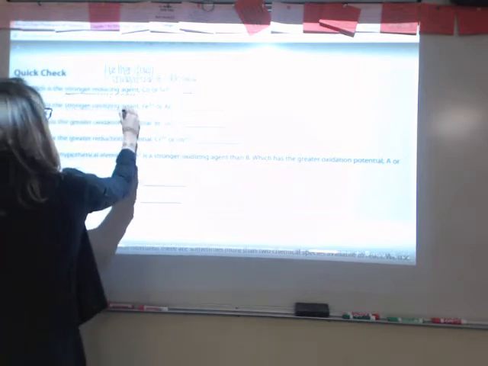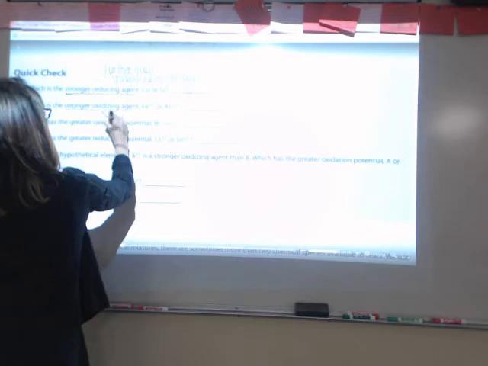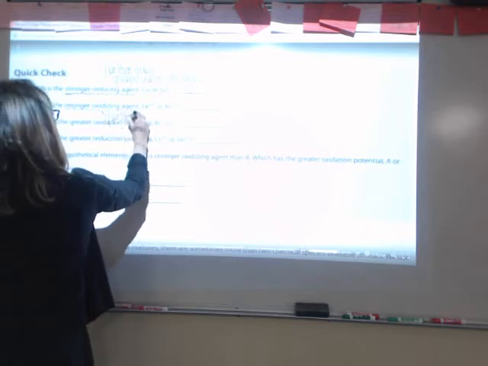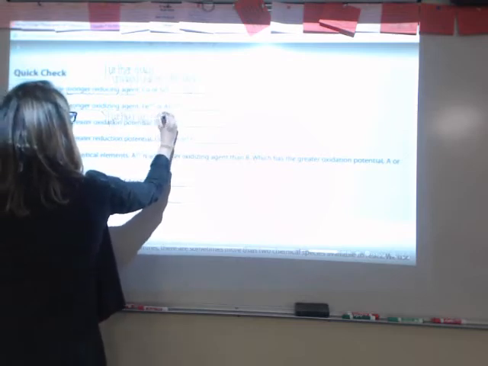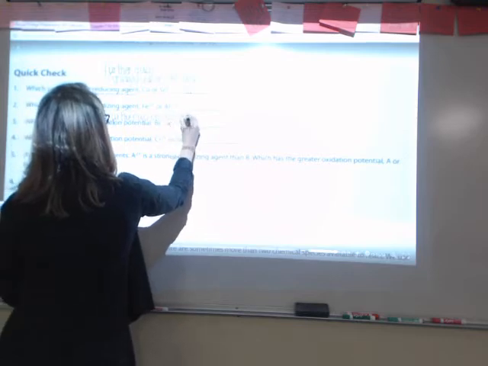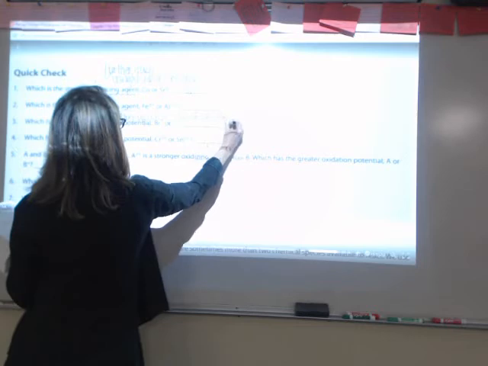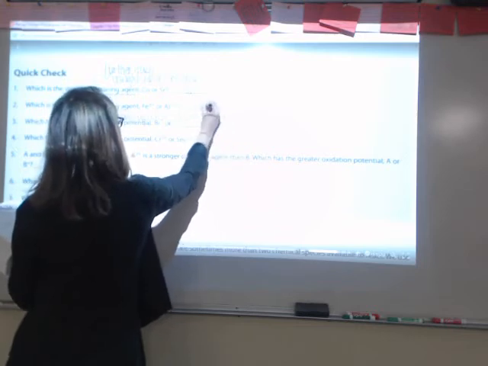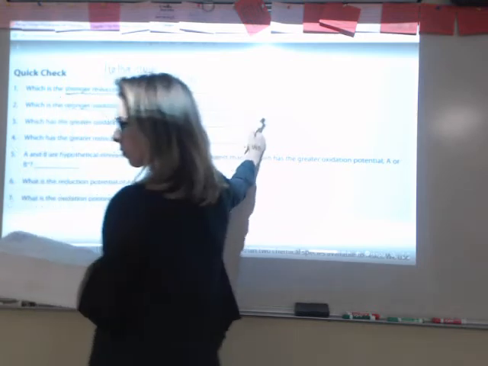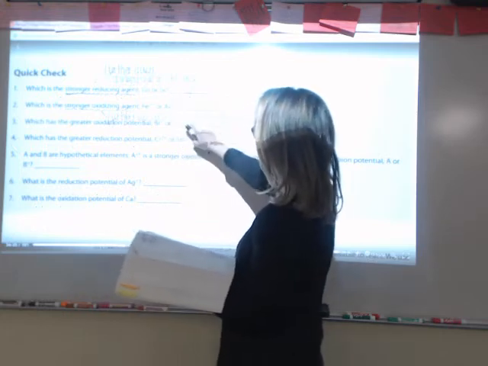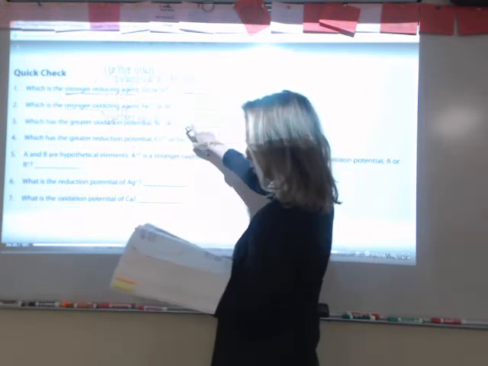That's the reduction, but the oxidation is positive. So then you have to flip the signs. Does it help if I give you those notes? Yeah. That's like last time, but either way it's greater.